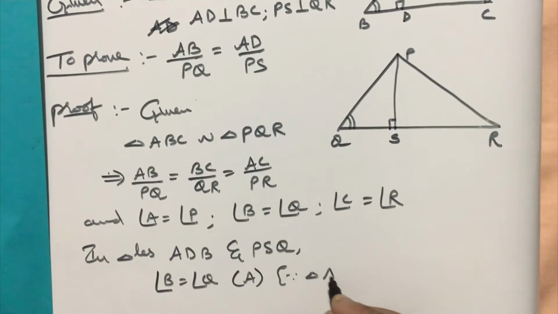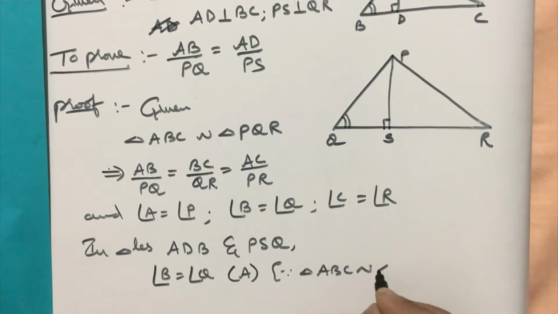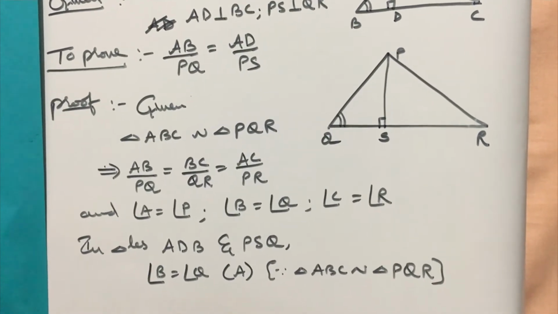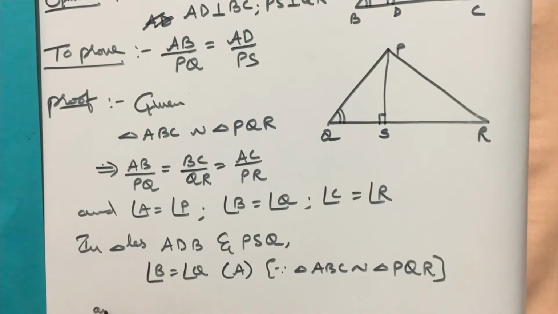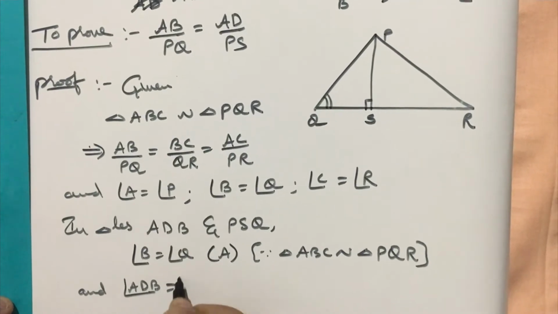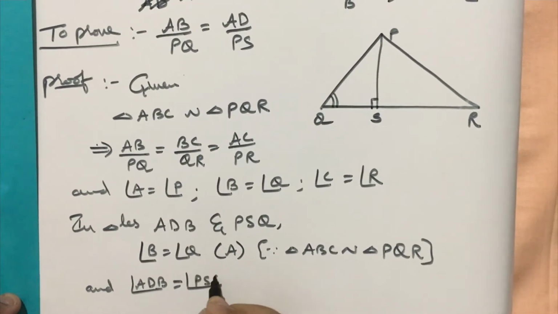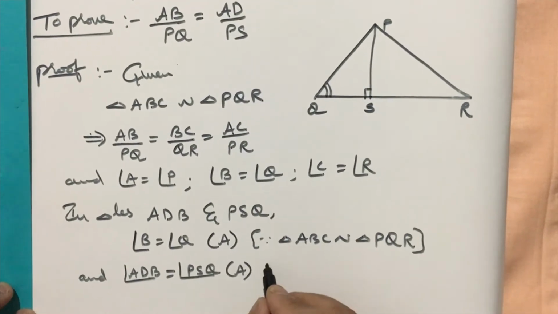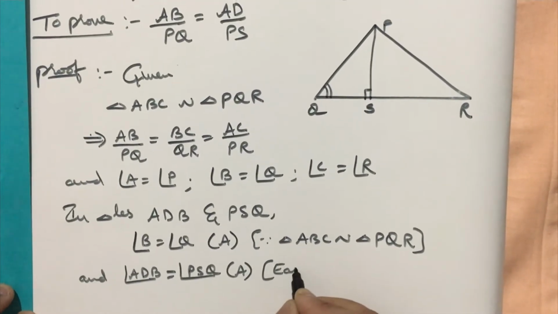Since triangle ABC is similar to triangle PQR, the corresponding angles are equal. And angle ADB is equal to angle PSQ, because they are both altitudes, so each measures 90 degrees.